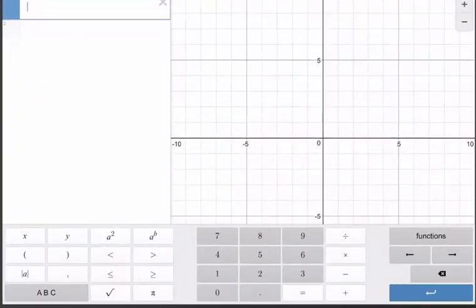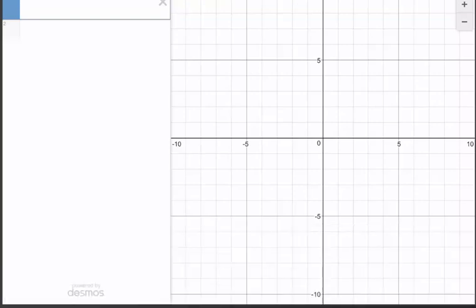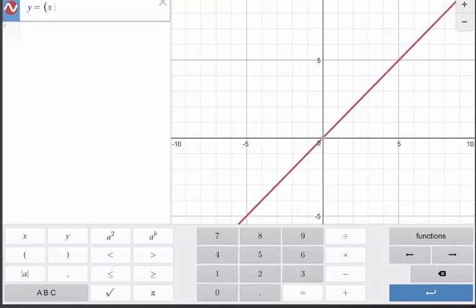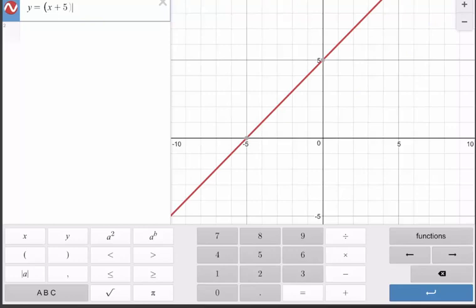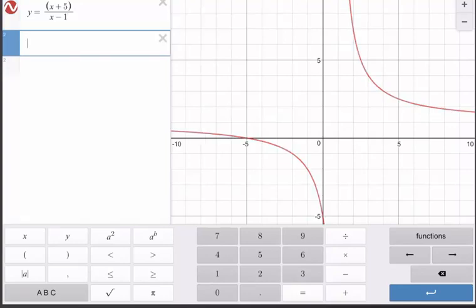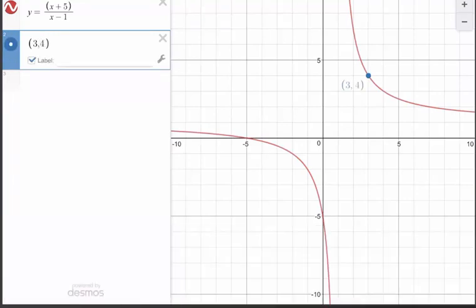Okay, let's graph the actual curve first. So y is equal to what? x plus 5 on top, divided by x minus 1. Our point was (3, 4). Now let's go ahead and label it, and there it is.